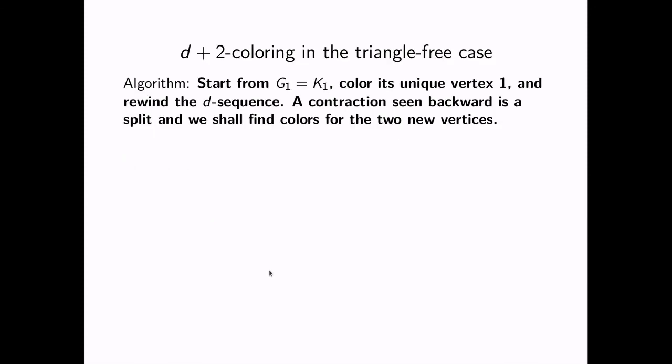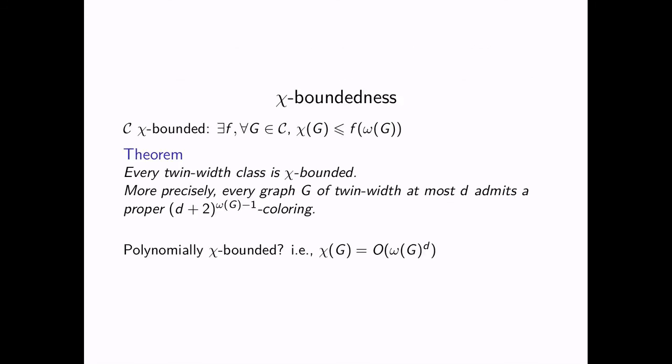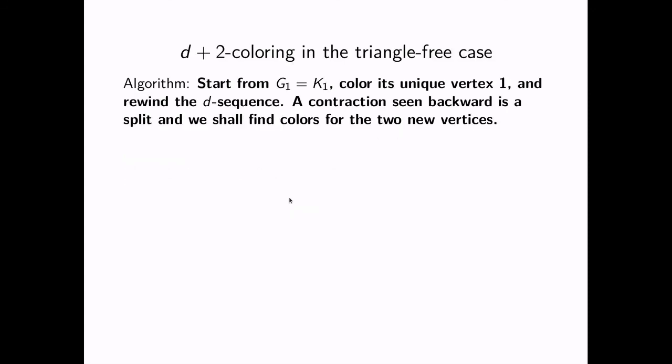So I will finish with this very simple proof that triangle-free graphs of bounded twin-width d can be colored with d plus 2 colors, which contains the essence of this. The rest is just some induction, but the essence is here. What we will do is start from the end of the contraction sequence.